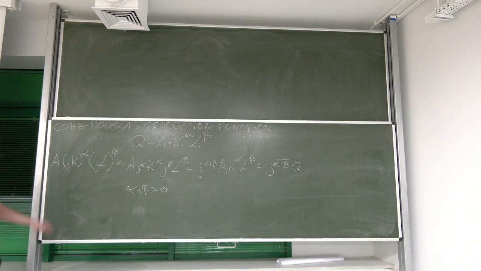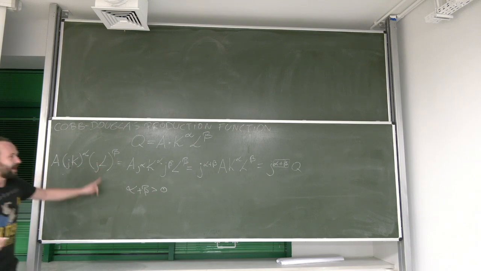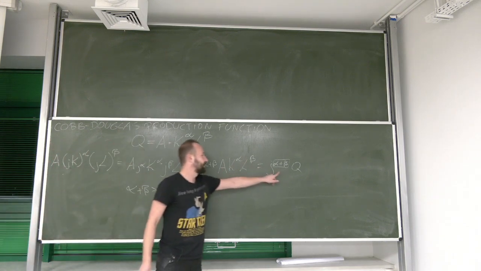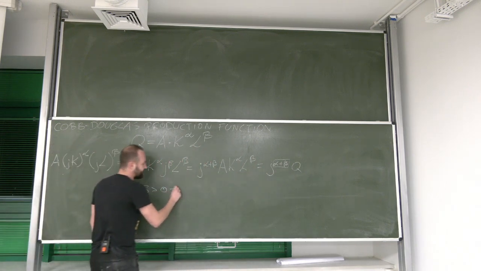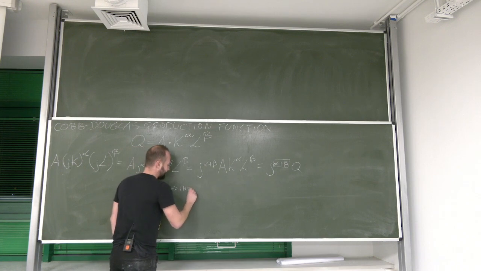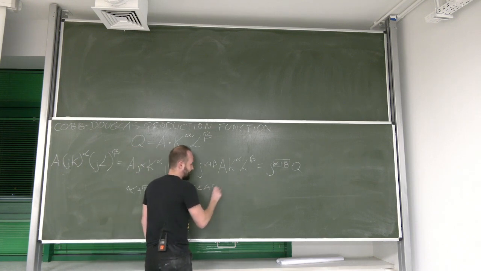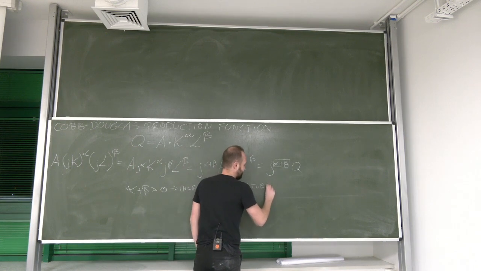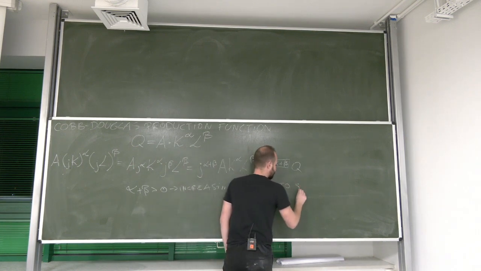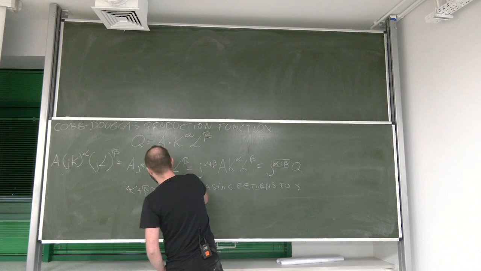Why? Because if I double the capital and double the labor, I will more than double level of production. So we call this increasing returns to scale. Oh, I'm sorry, of course, not 0, 1.